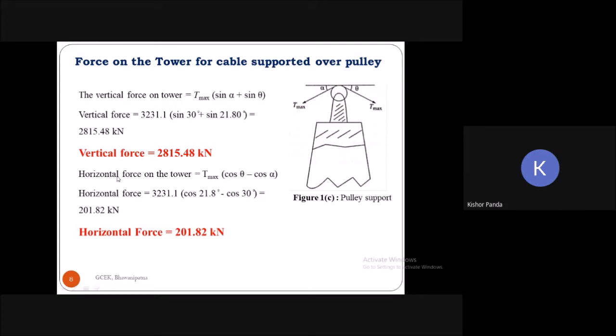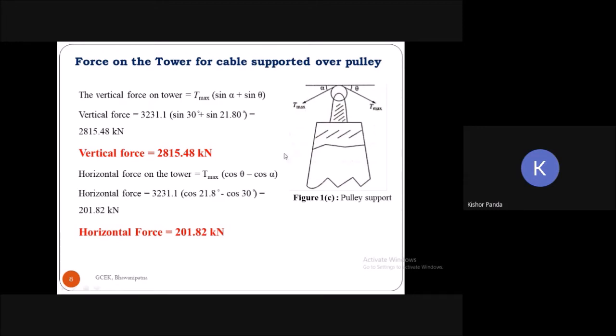Then find out the horizontal force on the tower. When the cable is supported over a pulley, there is a horizontal force, and that you can also find out. So the horizontal force on the tower is equal to, here you take the component of this T max along the horizontal direction, and also this one in the horizontal direction.